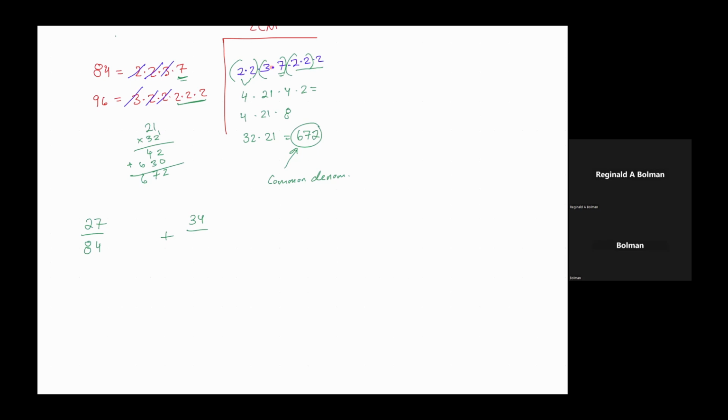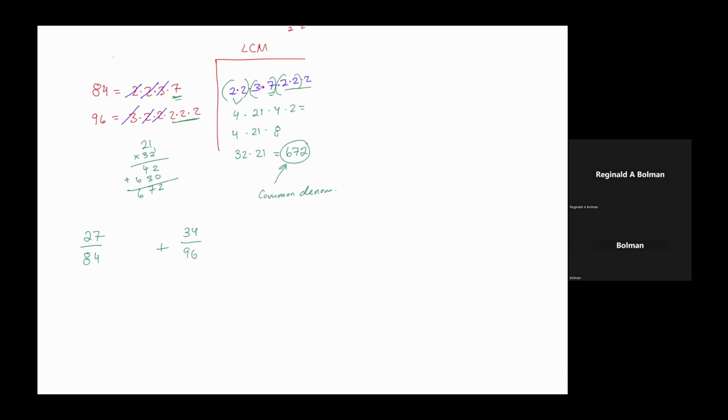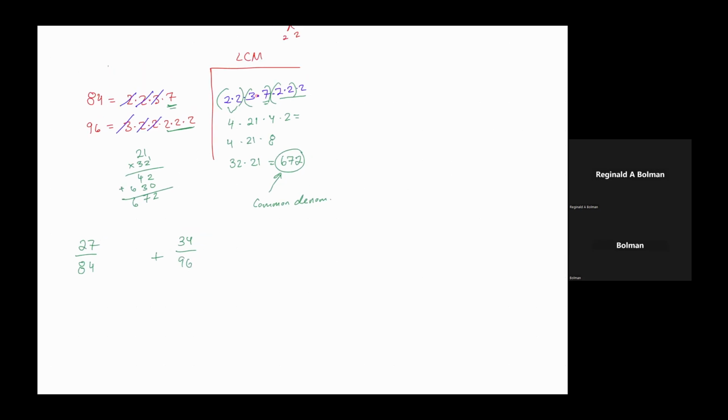So note that 96 was the same thing as 3 times 2 times 2 times 2 times 2 times 2. And what the 96 was missing was this 7 term. So what this tells you is you need to take 7 over 7 and multiply it on the top and the bottom of 96.